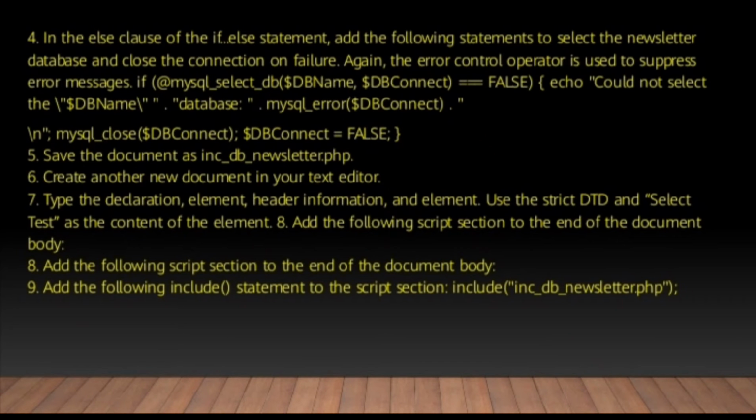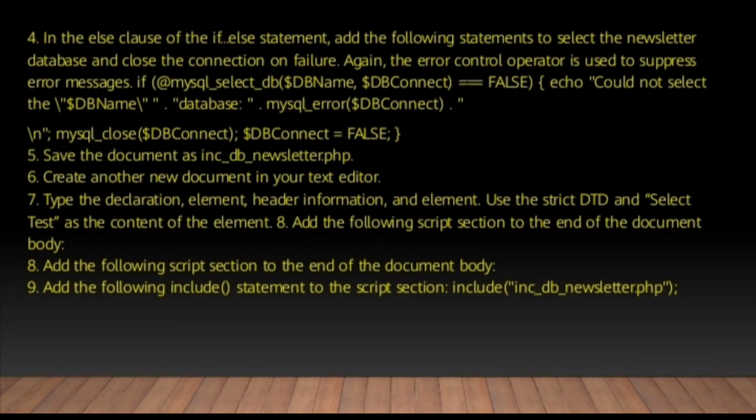Then save the document as dbnewsletter.php. Then create another document in your text editor. Type the doctype declaration, HTML elements, header information, and body elements. Use the strict DTD and select test as the content of the title.